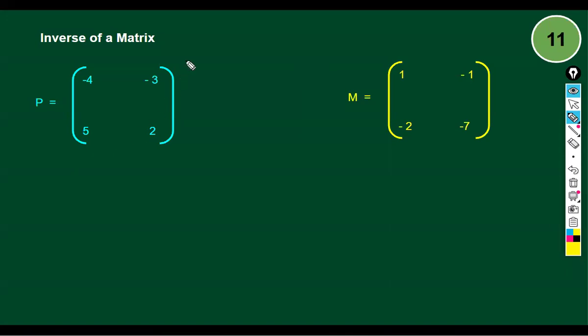Also, the symbol for inverse is this. If the name of the matrix is P, the examiner will ask you to find P minus 1. You don't need the bracket, sorry. P with a little minus 1 over it, that means the inverse of P, the opposite of P. So the first step in finding the inverse of a matrix is to find the determinant.